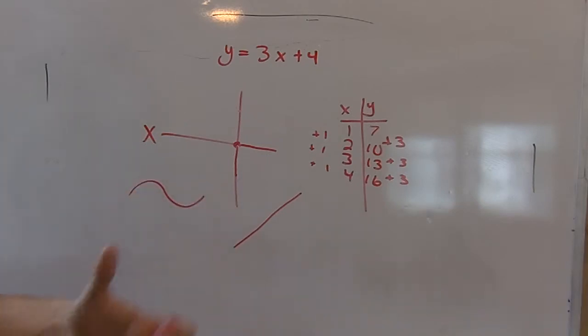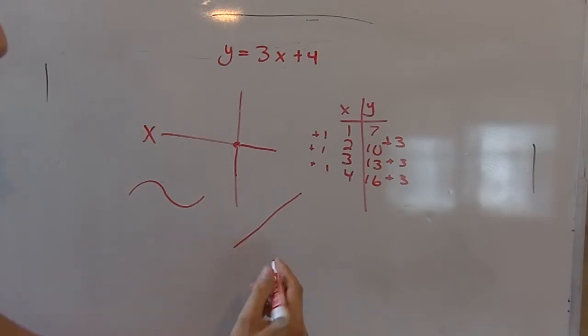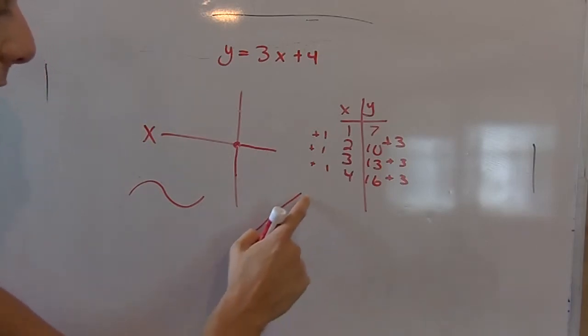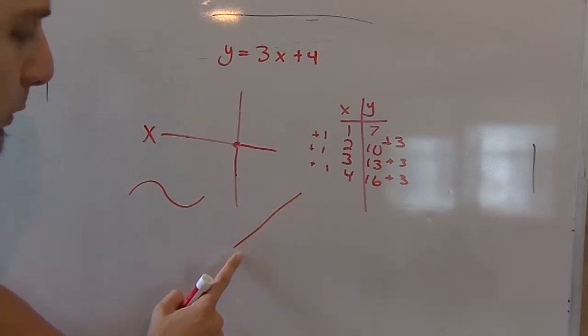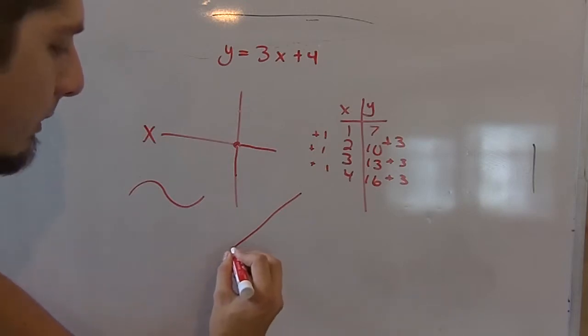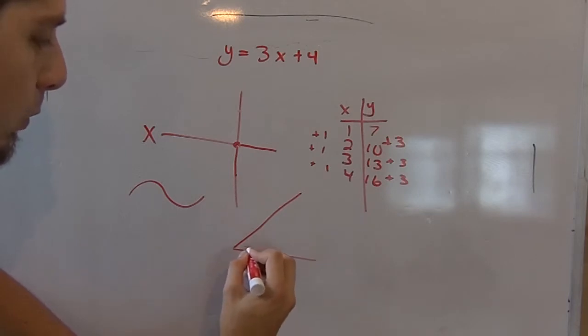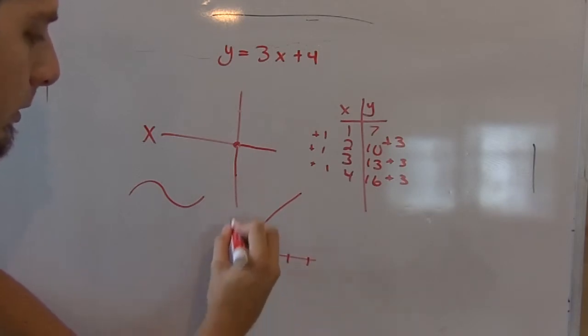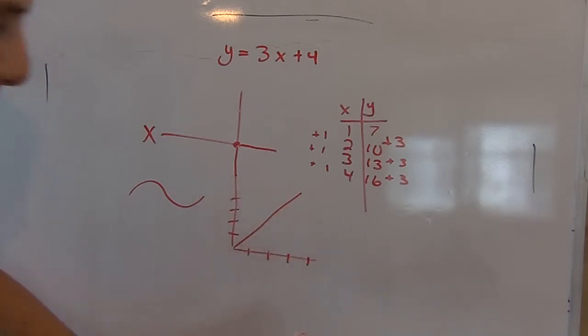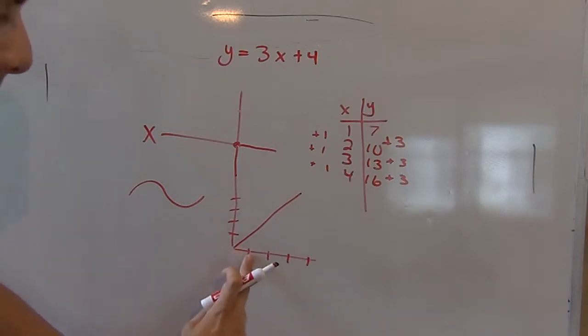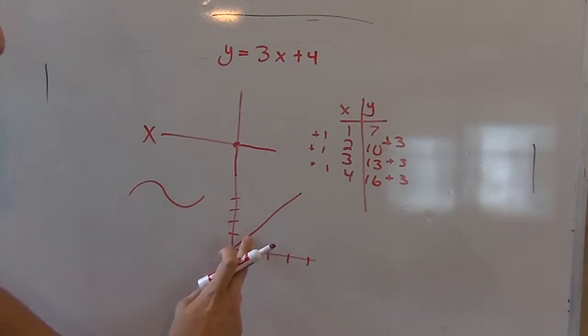If we're talking about driving speed, this line would represent me driving at a constant speed. I might be going 55 miles an hour, for instance. So every 1 hour would represent 55 miles. Okay, so after 1 hour has passed, I've driven 55 miles.